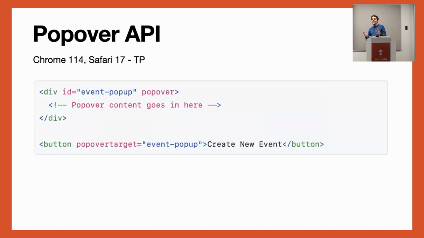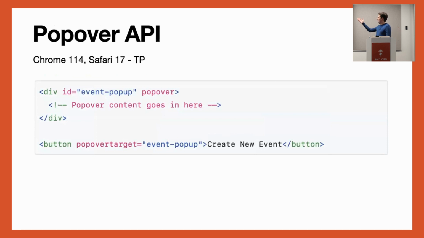Now, the popover API, this is really exciting. Previously you had to write lots of custom code to get modals and popover controls working. Well, now we're going to be able to do a lot of that natively. So this is available in Chrome and Safari Technology Preview.